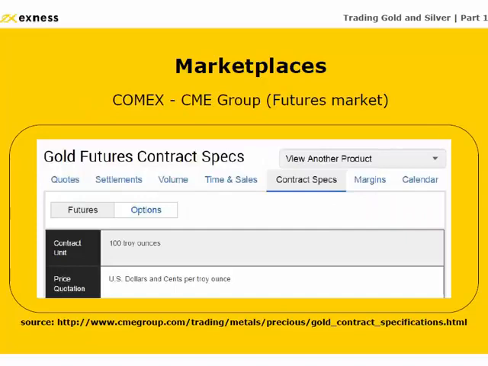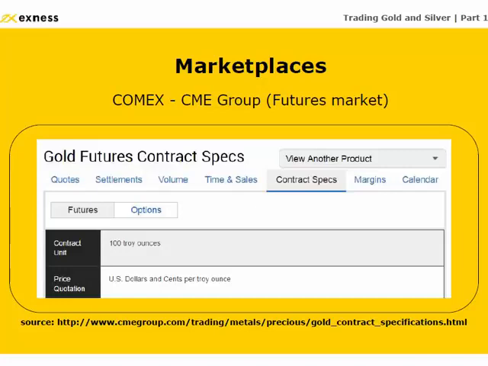The second big market where gold is traded is the large derivatives market, COMEX. It is the Chicago Mercantile Exchange, or CME Group. By the way, you can take some useful information from there, for example, volume and open interest for gold futures. It might be useful for your trading when you trade gold. As you see, the contract here is equal to 100 troy ounces, just like in the MT4 trading terminal.